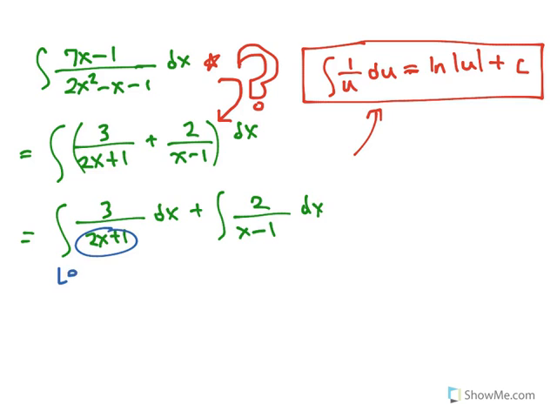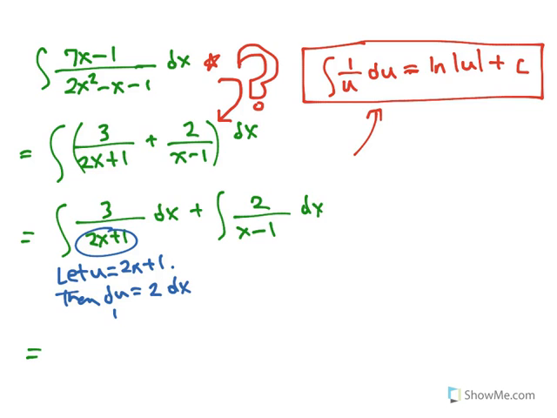You're able to let u be equal to 2x plus 1 here. Then du will be equal to the derivative of 2x plus 1 with respect to x, which is 2, so 2 dx. And then you can integrate as follows.